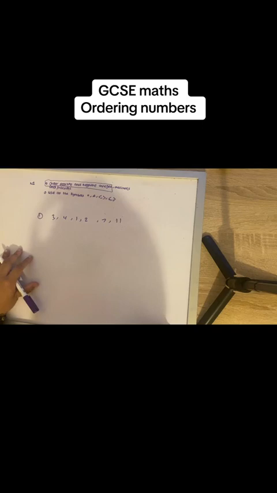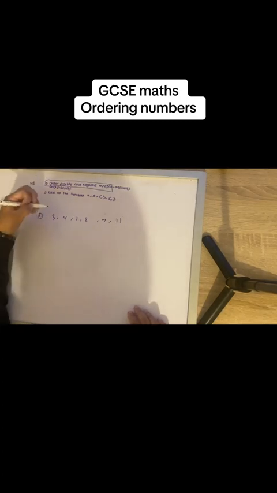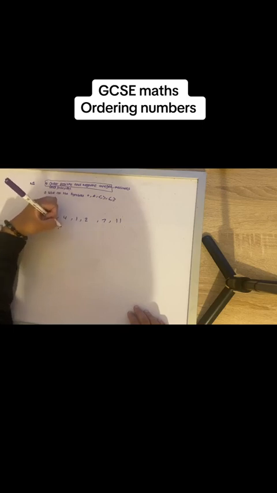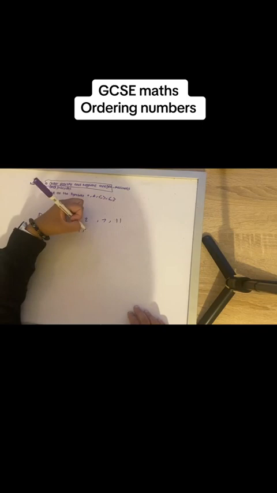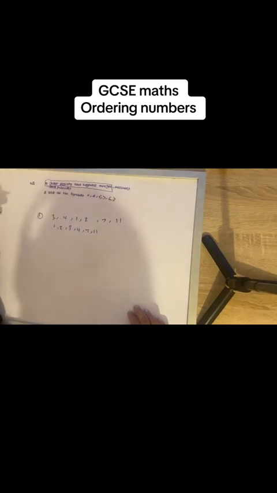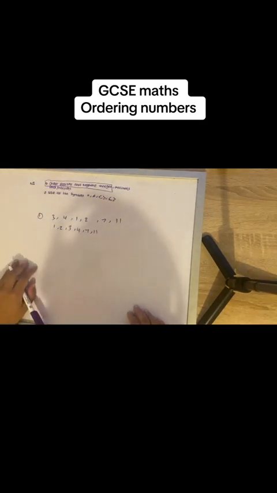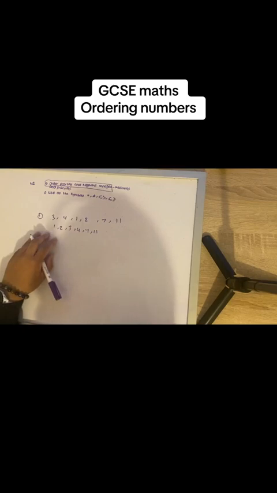And if I was to put it in order from lowest to highest, the lowest number would be 1, then 2, and 3, then 4, and 7, and 11. And we know that because when we count, we know which number kind of comes after each other.